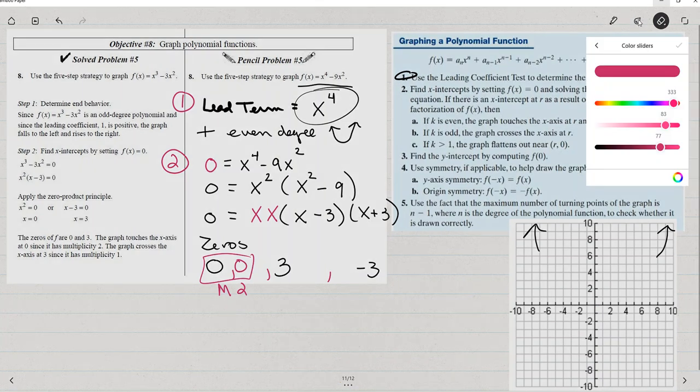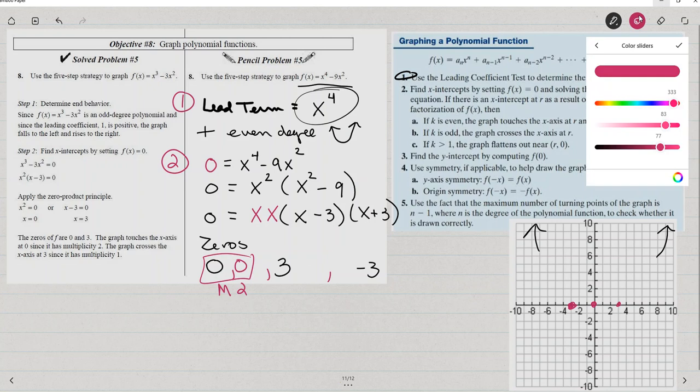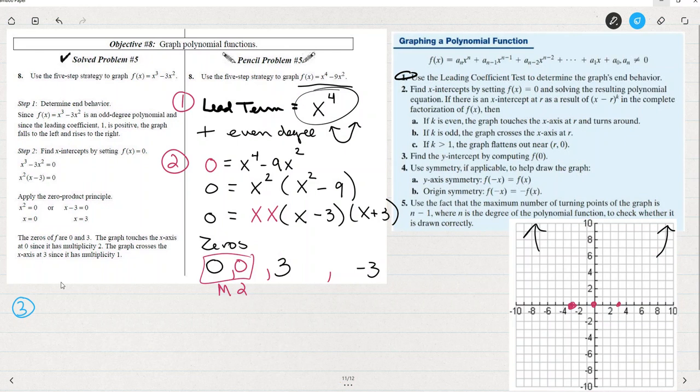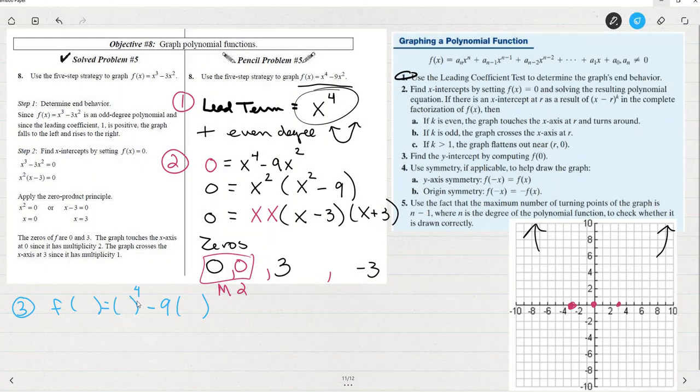I'm going to go ahead and graph those 3 x-intercepts, and they're x equals 0, x equals 3, x equals -3. So I'm making some progress towards looking at this graph. The next one, the y-intercept, that's really the easy one. If I have f of x equals x to the 4th minus 9x squared, then I can go back into the x and replace it with 0.